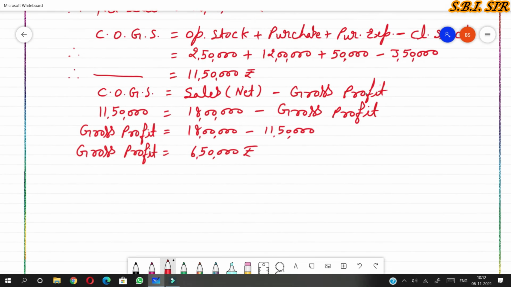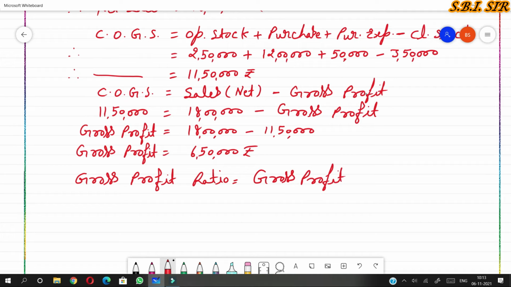Then the formula for gross profit ratio equals gross profit divided by net sales, multiplied by 100.